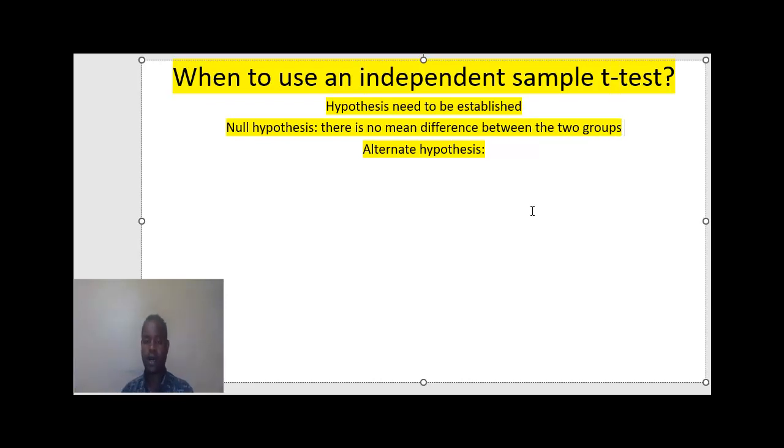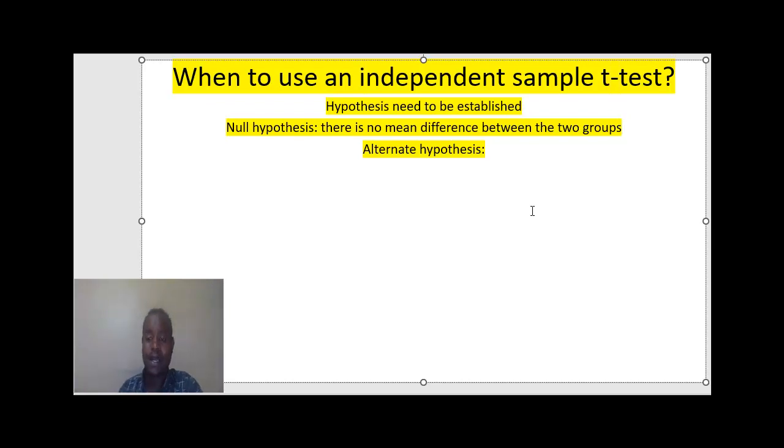Like when our interest is to find out the difference of income between rural households and urban households, then the null hypothesis would be there is no mean difference, average income difference between the two groups, rural households and urban households.